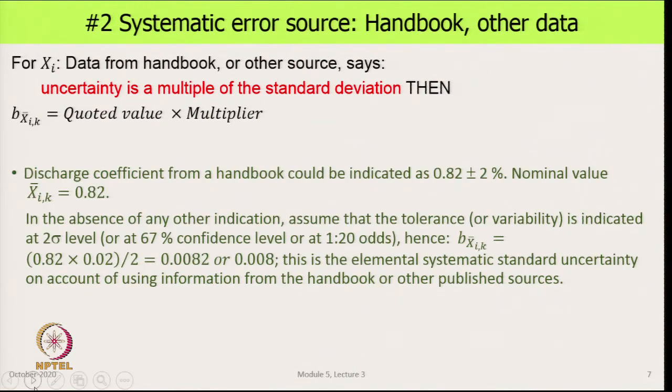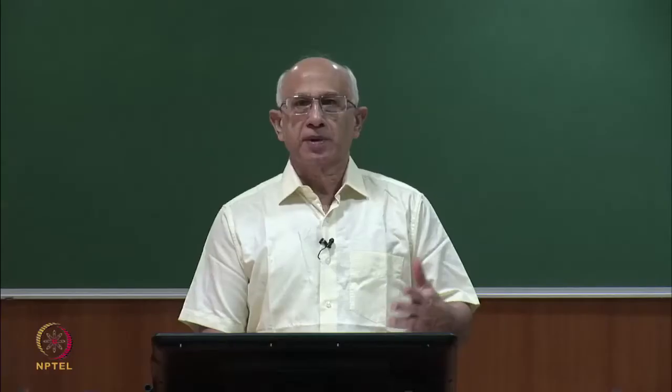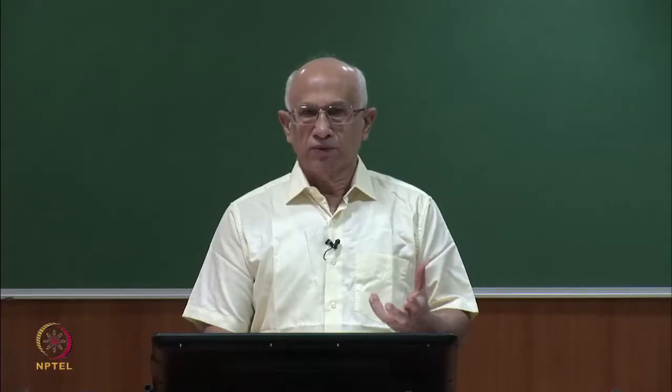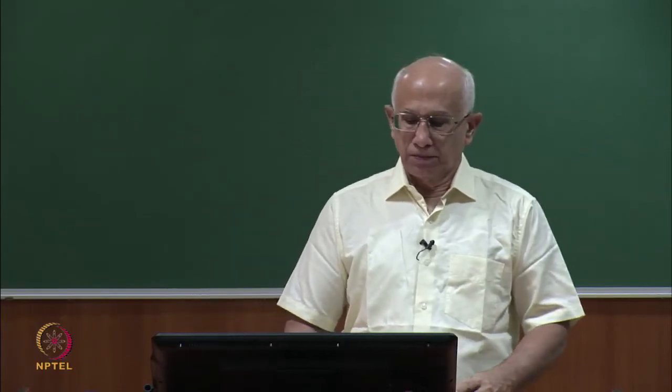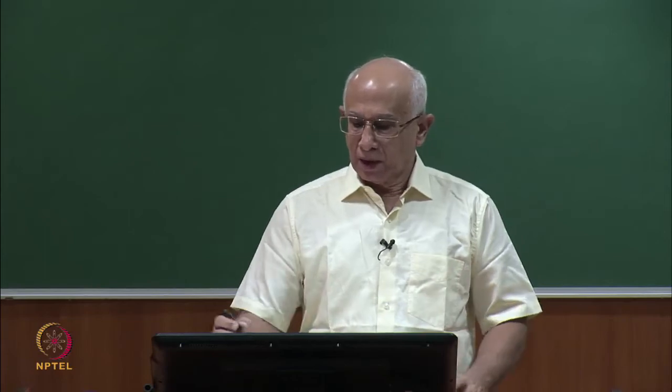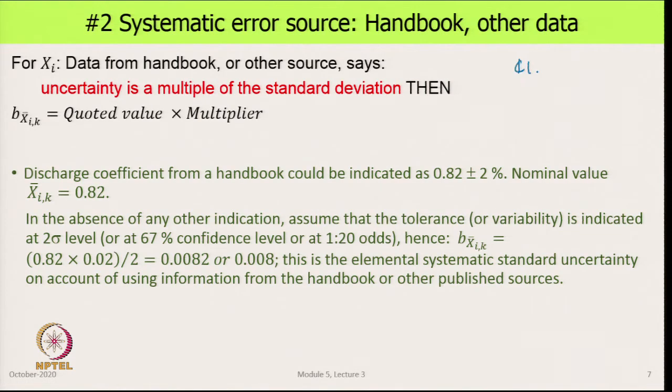Now, we go to the next one, where we could have this information not from a manufacturer, but from a handbook or some other data source. In many of those cases the confidence level may not be specified, neither would they say whether it is 2 sigma or 3 sigma.